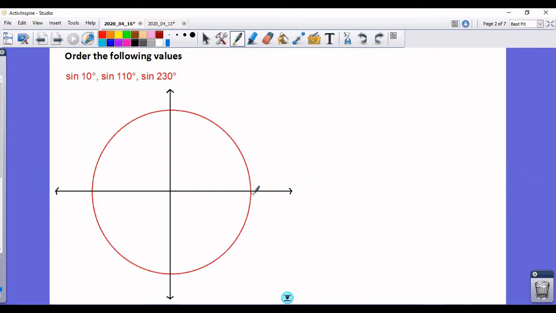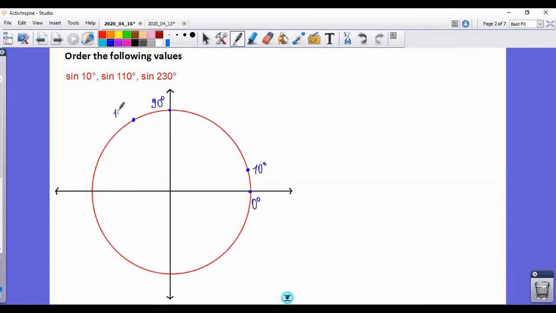On a unit circle, as you already know, this point represents 0 degrees, and this point represents 90 degrees. So let's put the 10 degrees. It must be somewhere around here. And then let's put the 110 degrees. It must be larger than 90 degrees, so from 90, let's go 20 more.